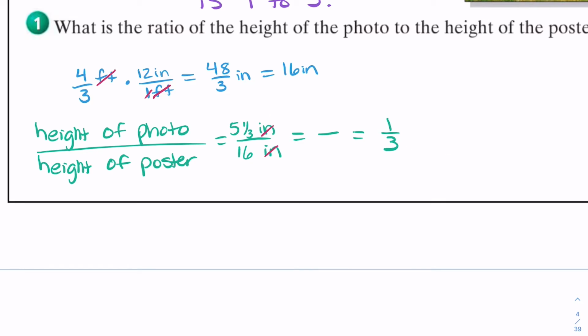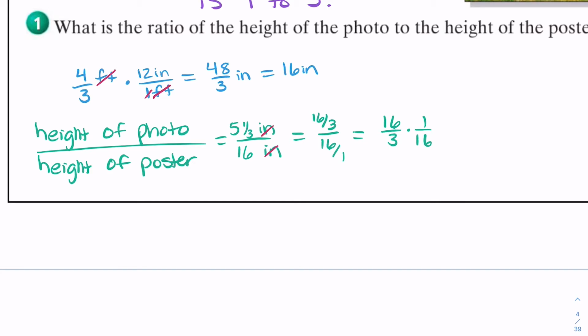And that you might not like, but you know what we can do? We can multiply, well, let's see, 5 1/3 is the same as 16 thirds. So it's 16 thirds to 16, which is the same as 16 thirds times 1/16, right?